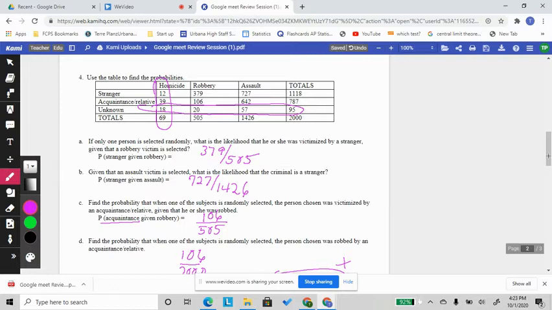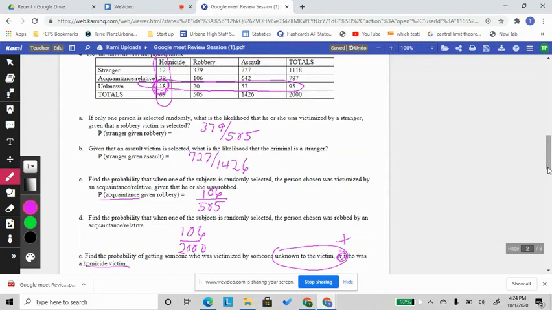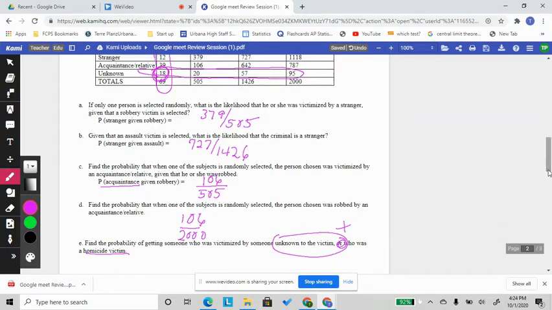So that would be 95 plus 69, and then you see where you counted this twice, minus 18. So unknown is 95, homicide is 69, minus 18, and that's all over 2,000. And I think after you simplify everything, you get like 0.073. You're good to go on that one.